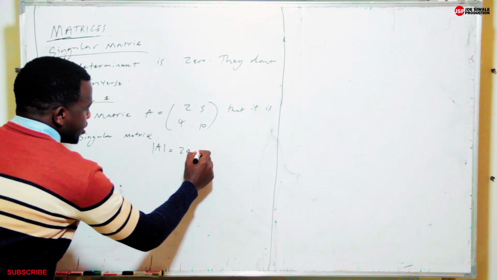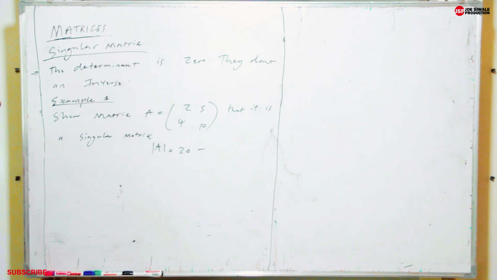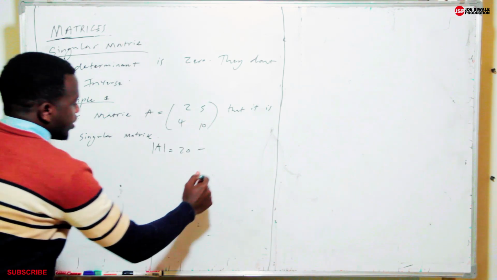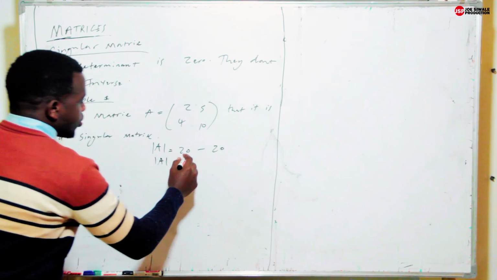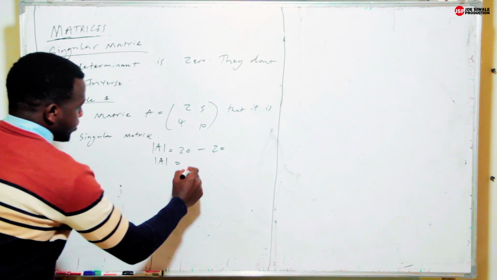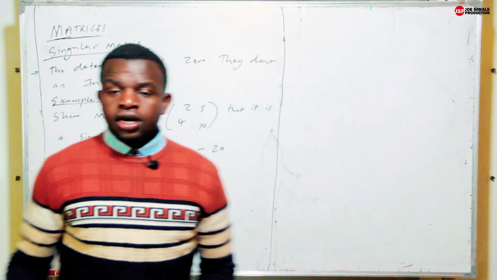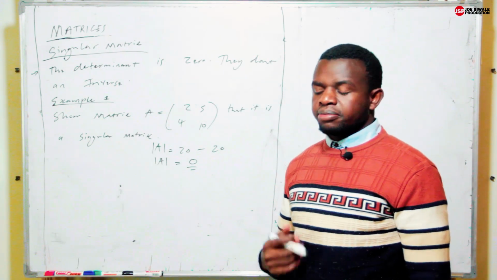We're going to have 20 minus. Then we're going to multiply the elements in the trailing diagonal. So 5 multiplied by 4 there, we're going to have 20. So 20 minus 20 there, we're getting 0. So as you can see, we have proved that our matrix A there is a singular matrix.